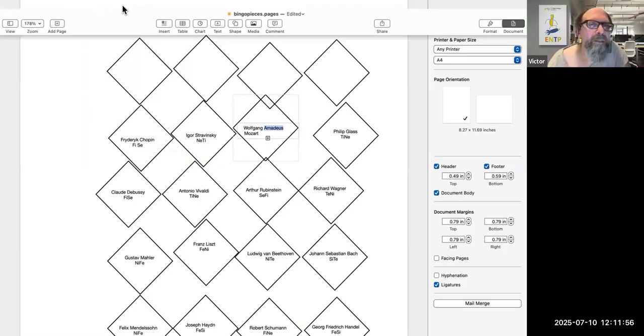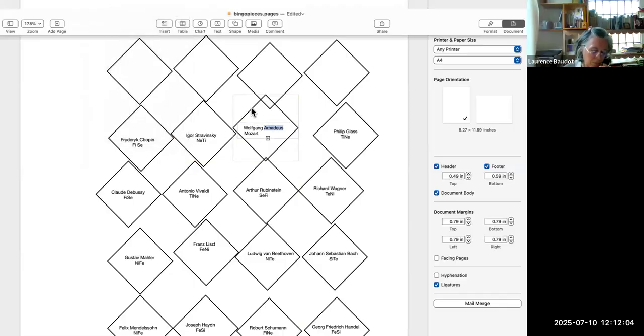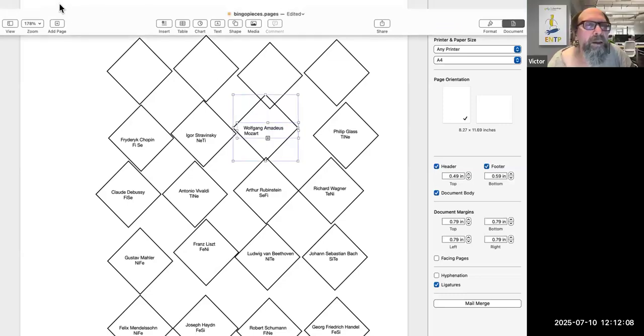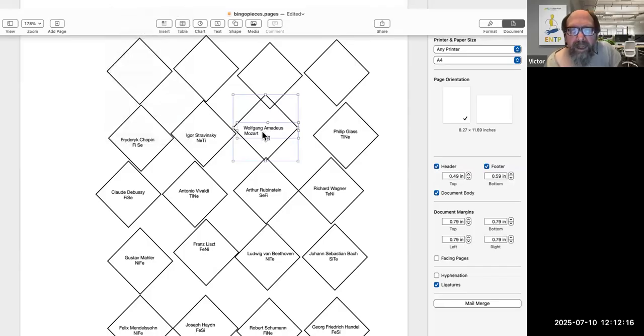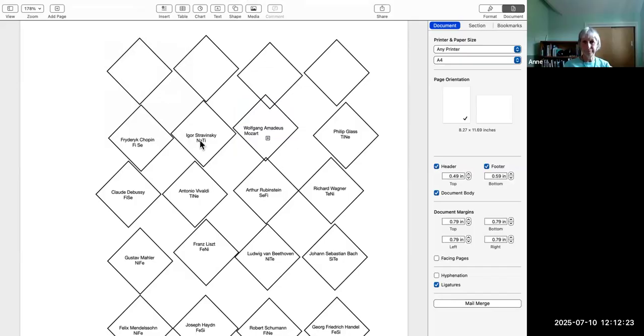Yeah, I messed up here. How to ungroup it. Well, I'll get that fixed. It's hidden underneath. It should be okay on your PDF handout.